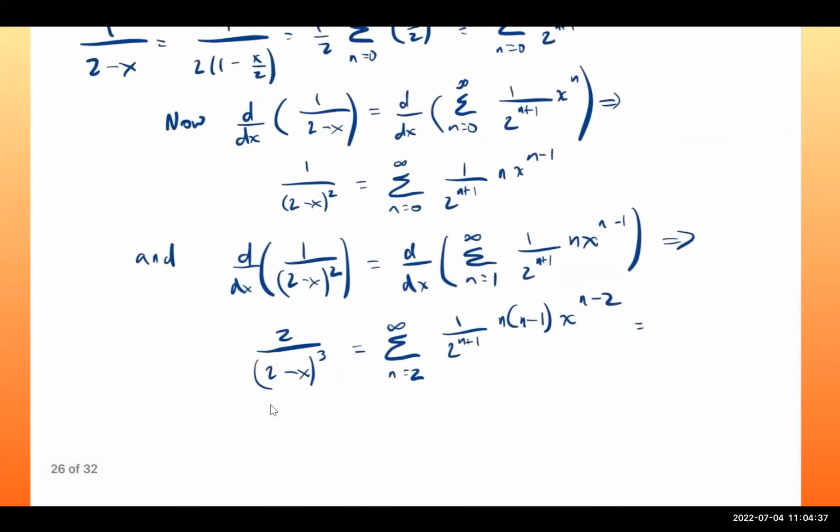But when you plug in 0, that goes away. If you plug in 1, that disappears. That's why they started at 2, because the 0 makes everything cancel, the 1 makes everything cancel, and so now they begin at 2.